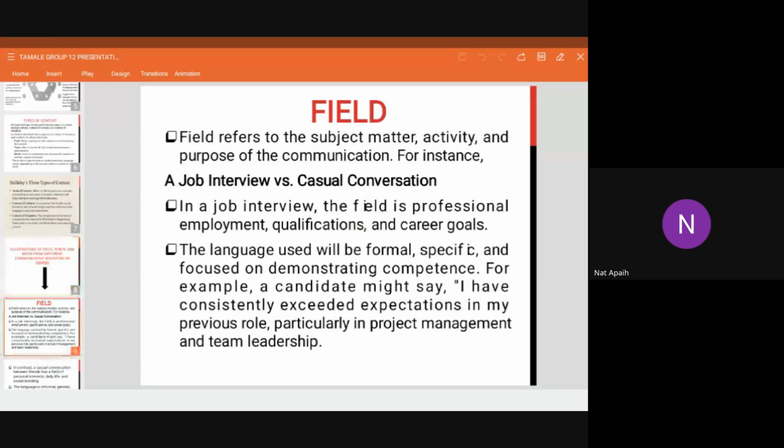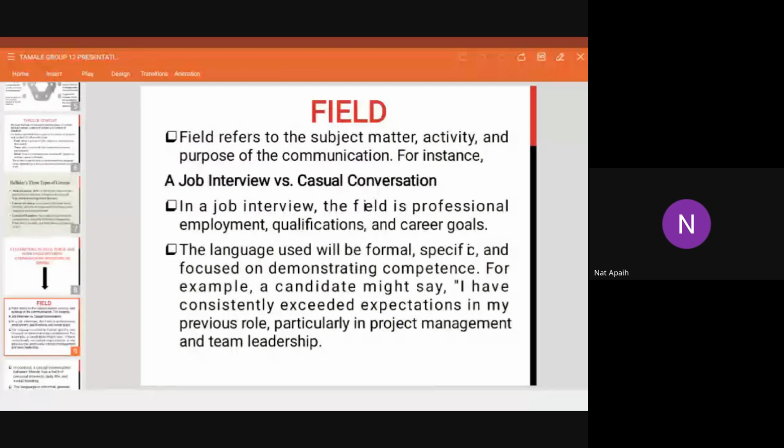So let's begin with the field. As we already explained, field refers to the subject matter, the activity or the purpose of the communication. So for instance, you may have a job interview or you may have a casual conversation. These are two different subject matters that will have different styles of communication.